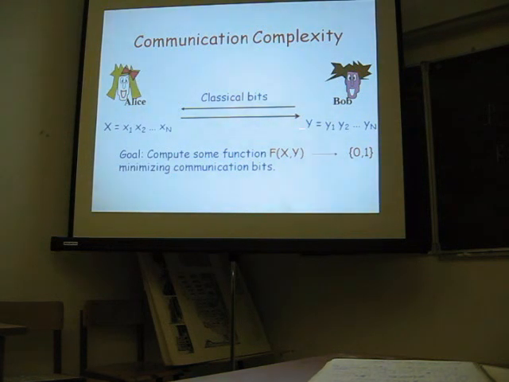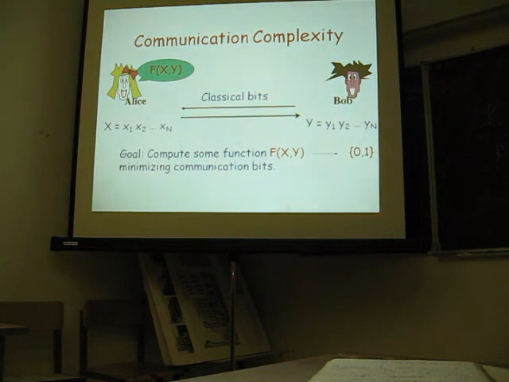So Alice has n bits and Bob has n bits, and the game is that Alice and Bob can send back and forth messages, classical bits, and then at the end of the day Alice has to know the value of the function f(x,y). And of course the goal is to minimize the number of bits that they send back and forth. Otherwise it's not interesting, because Bob could just send this string y to Alice and then Alice can compute it. And of course we are interested in whether you can do better, and if so, how you can do better.